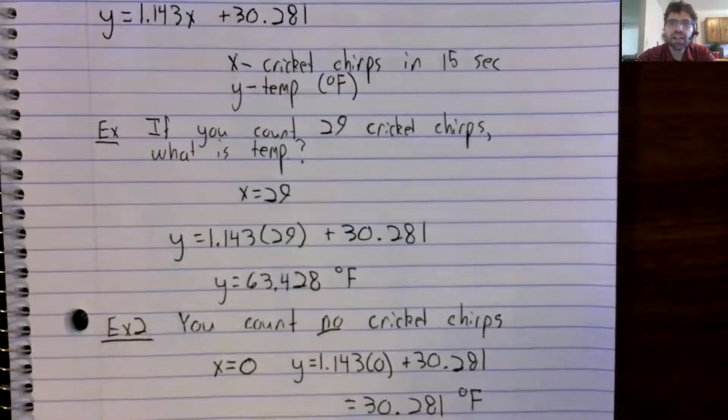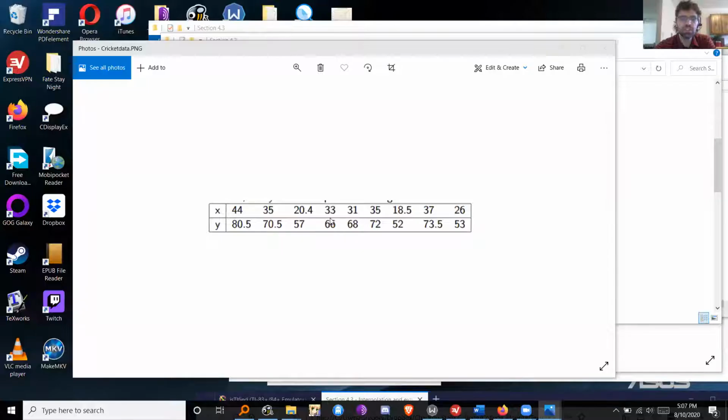Let me get our data set up here. 29. So we have a value for 20, and we have a value for 18.5.